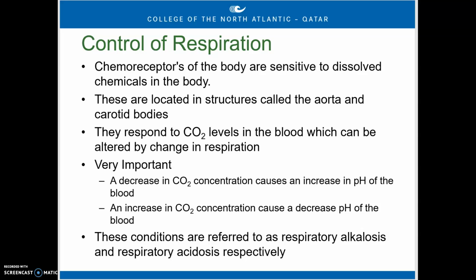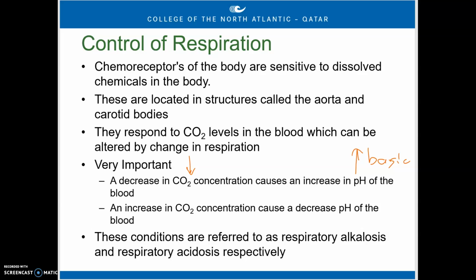So a very important thing to notice is if we have a decrease in carbon dioxide concentration in our blood, that causes an increase in the pH. Okay, so as carbon dioxide goes down, pH goes up and the blood goes basic.